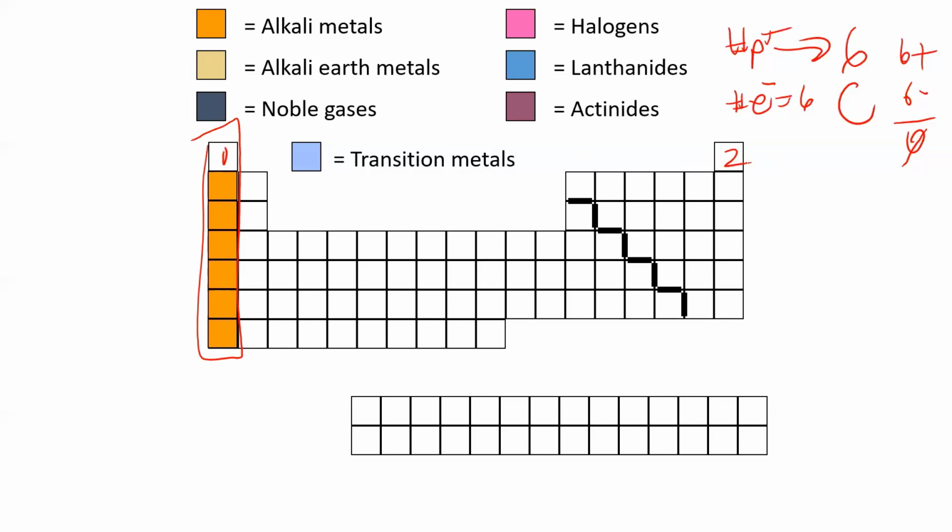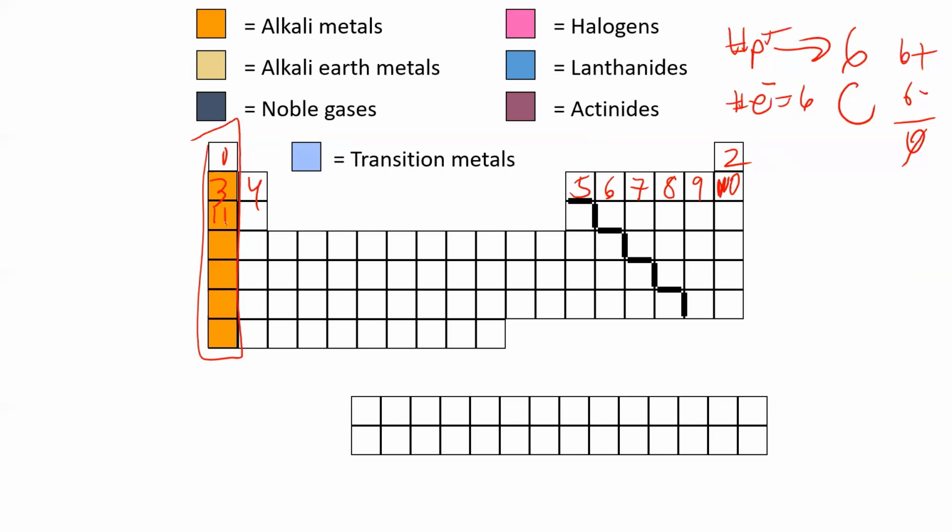If I have 2 protons, I'm helium. 3, I'm lithium. 4, beryllium. 5, boron. 6, carbon. 7, nitrogen. 8 protons, oxygen. 9, fluorine. 10, neon. And then I go back. 11 is sodium.